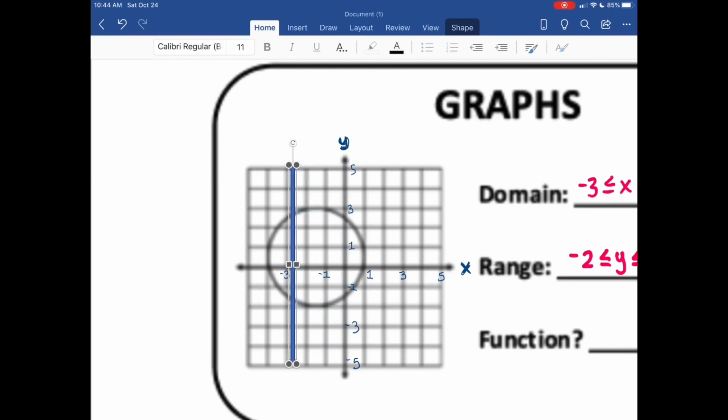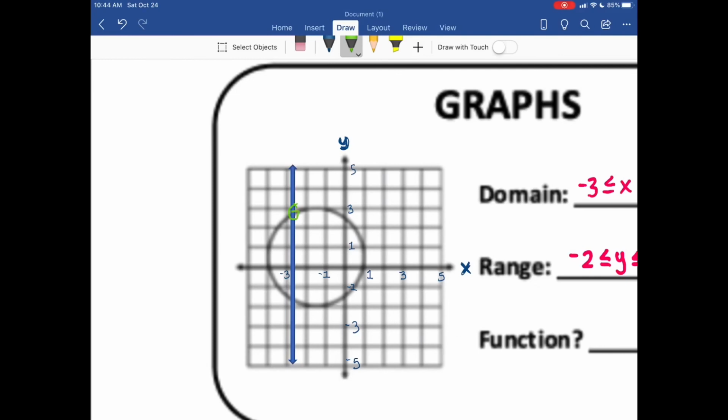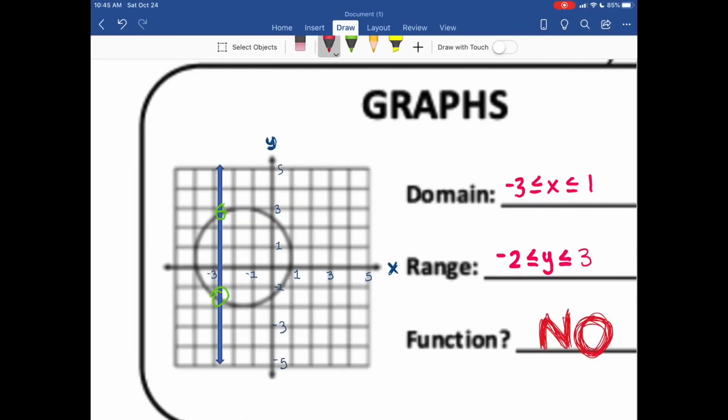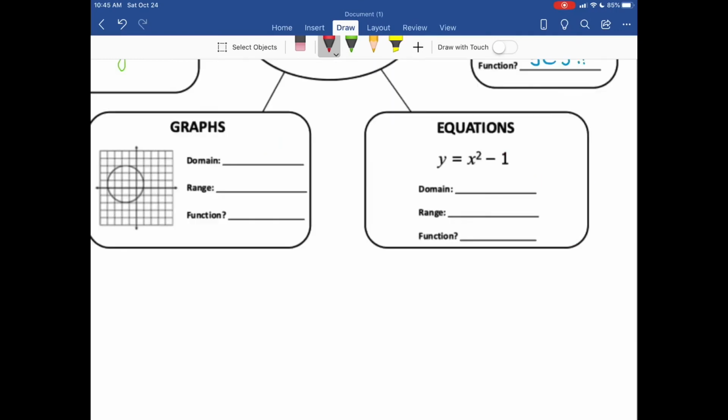If it cuts through at more than one point, even once, it fails the vertical line test. And I think we can see that this vertical line would intersect that graph in 2 places. And if that happens even once, it is not a function. So our answer for this is no.